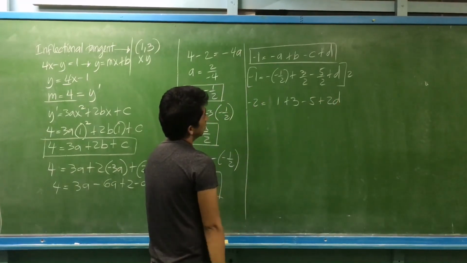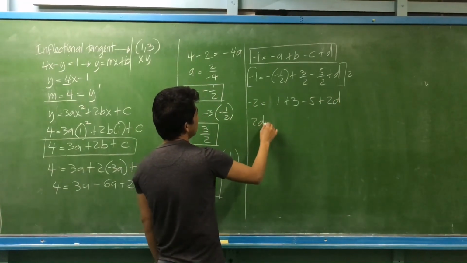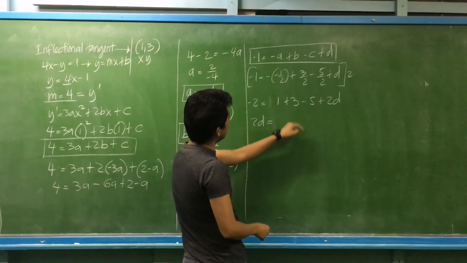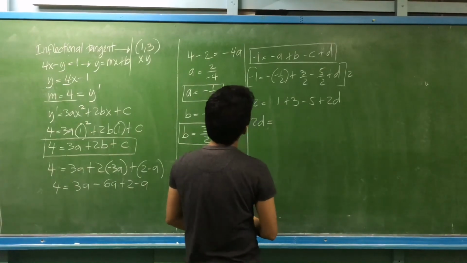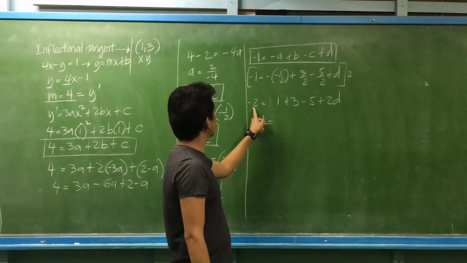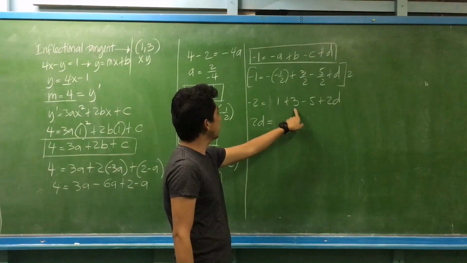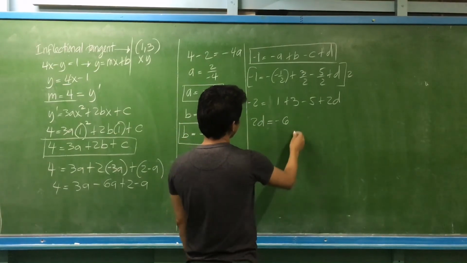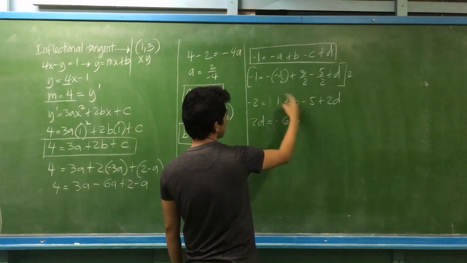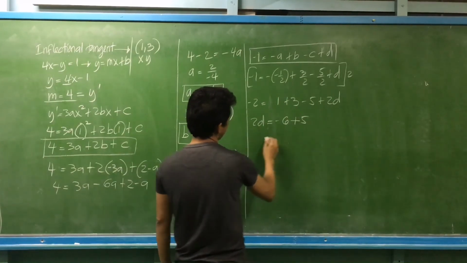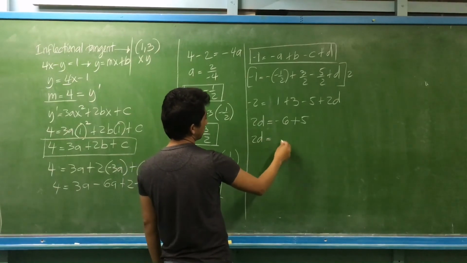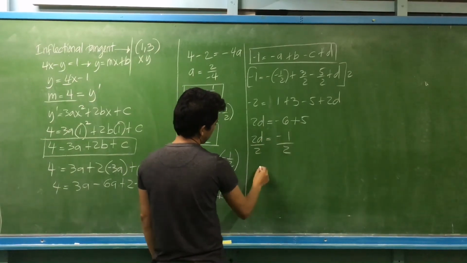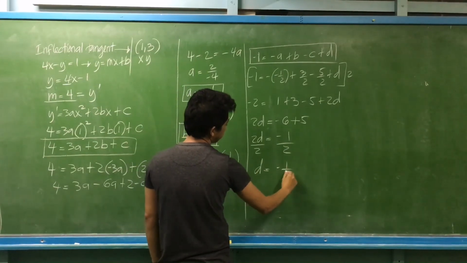So 2D is equal to negative 2 minus 1 is negative 3, plus 3, negative 6, then transposing, plus 5. So 2D is equal to negative 1. Divided by 2, the value of D is equal to negative 1 half.